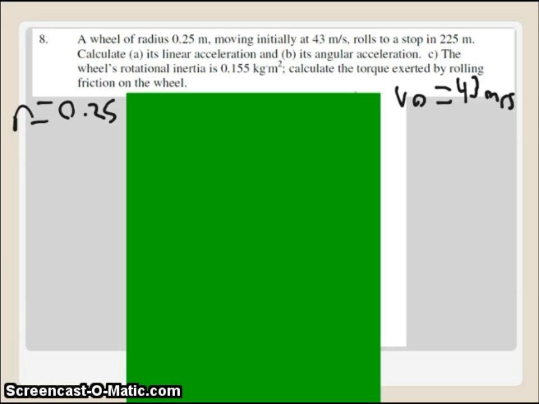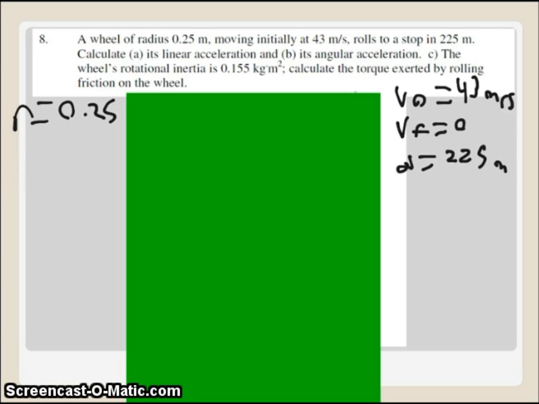And then it rolls to a stop, so v_f equals 0 after 225 meters. First it's asking for the linear acceleration, then the angular acceleration, and then it says the wheel's rotational inertia is 0.155 kilograms meter squared, and it wants the torque exerted by friction on the wheel.